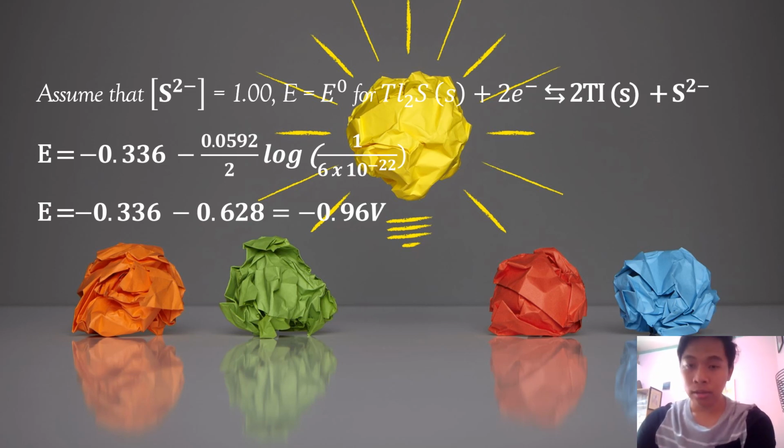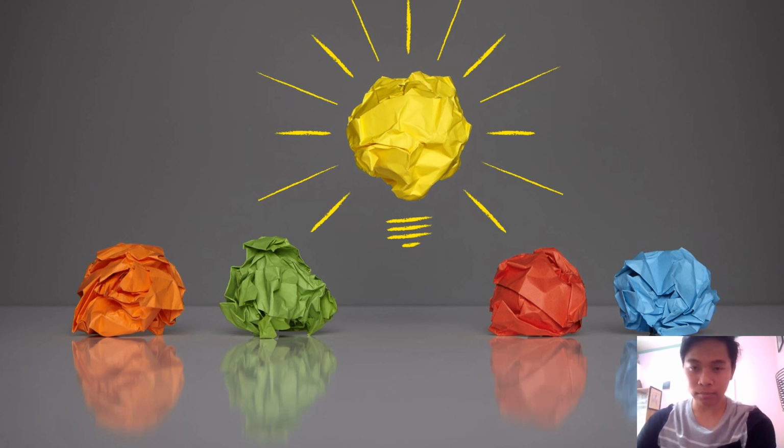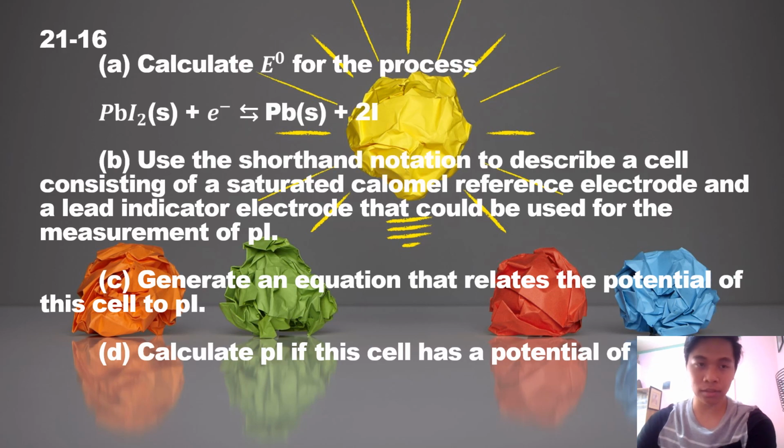Now, moving on to the next problem we have, which is 21-16, which has 4 different parts, which we can answer part by part to emphasize how to solve these questions.